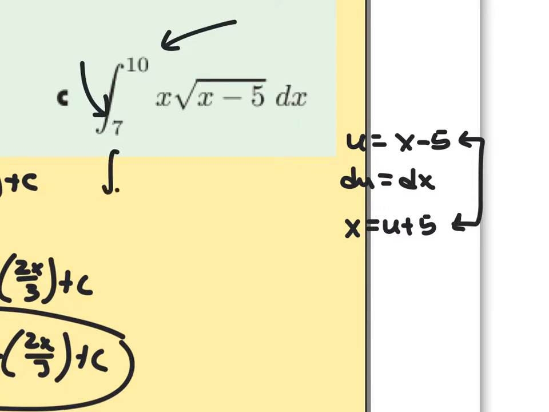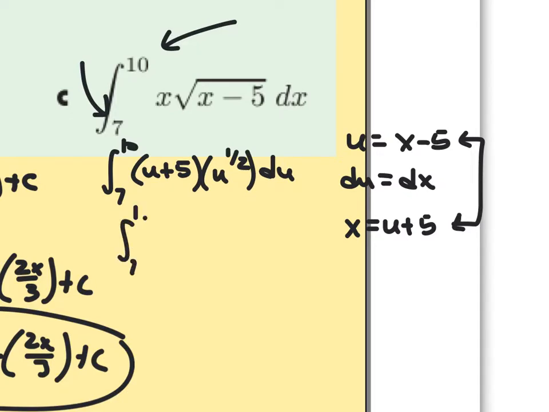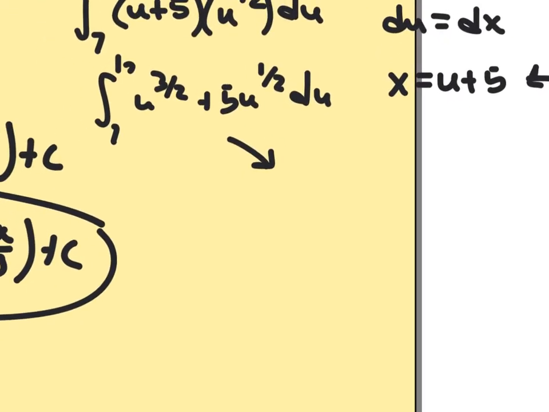Okay, so I have the integral from 7 to 10 of x, which is u plus 5, times u to the 1/2 power du. So that would be the integral from 7 to 10 of u to the 3/2 power plus 5u to the 1/2 du. So integrate.